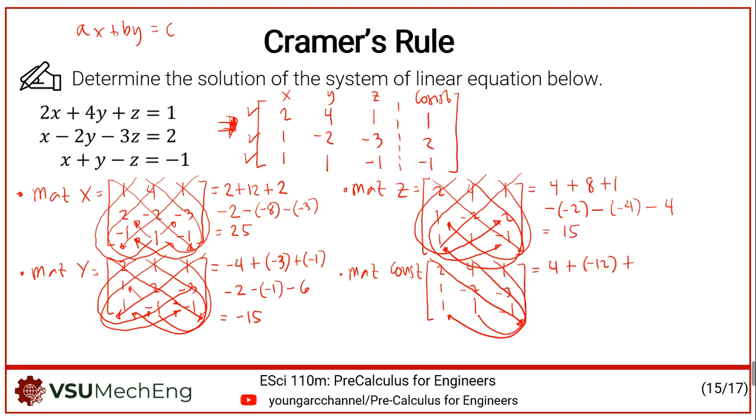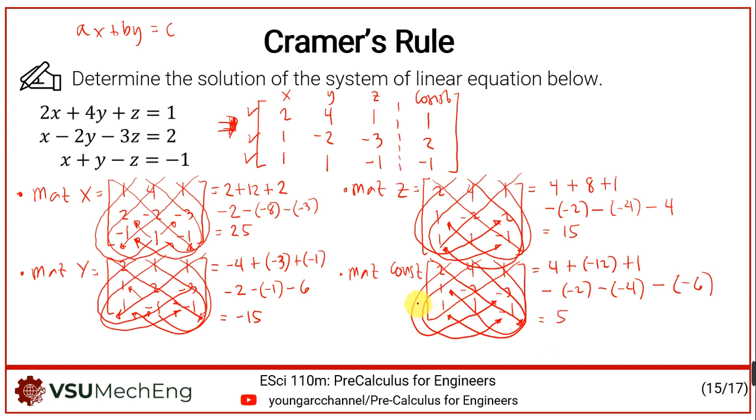Plus 1 times 1 times 1, that's plus 1, then minus 1 times negative 2 times 1, that's negative 2, minus 4 times 1 is 4 times negative 1, so minus negative 4, and then minus 2 times 1 times negative 3, that's minus negative 6. Simplifying, 4 minus 12 plus 1 plus 2 plus 4 plus 6, the answer is 5.